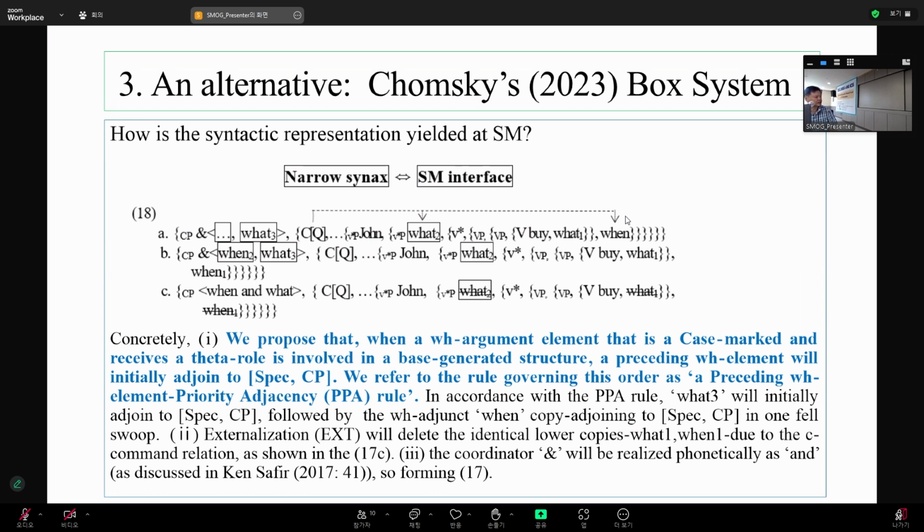Next, the externalization will lead to the identical lower copies, namely what one and when one. Here the C-command relation. Finally, the coordinator will be realized phonetically as and. So, in this paper, this is a very important factor. This one and the base generated structure.